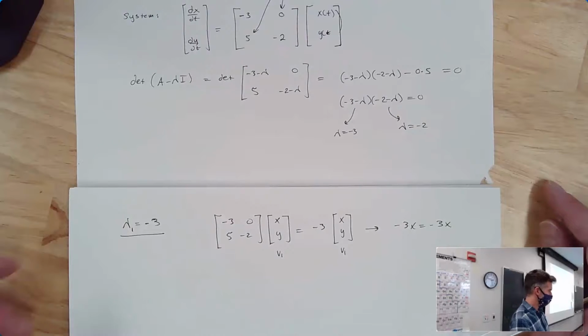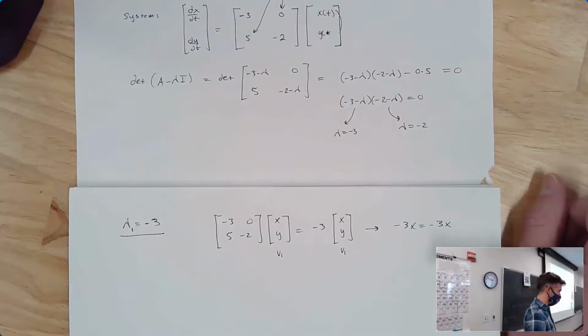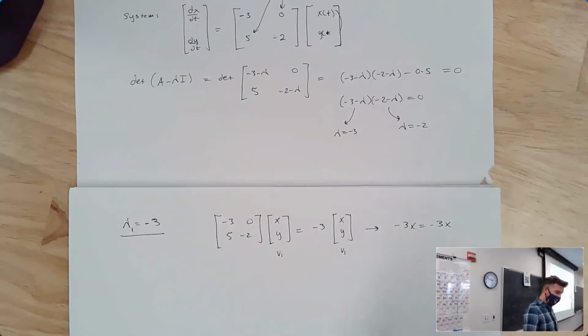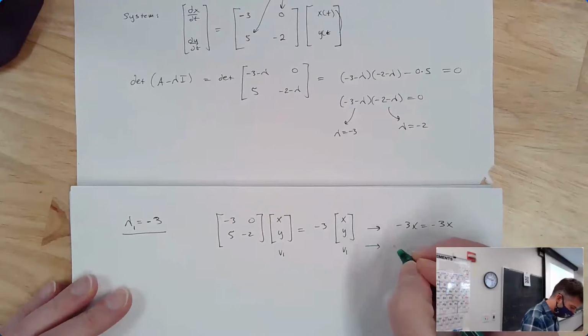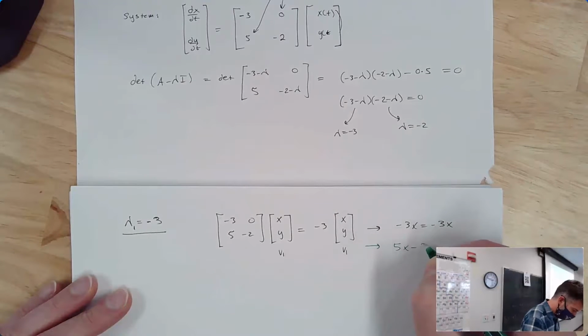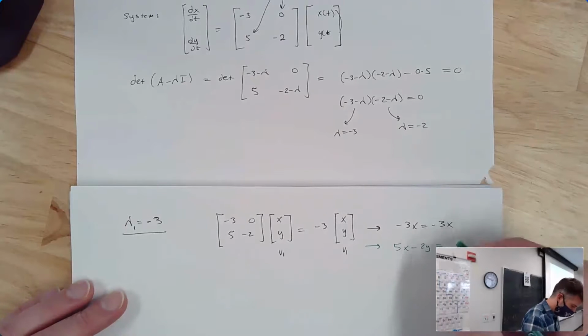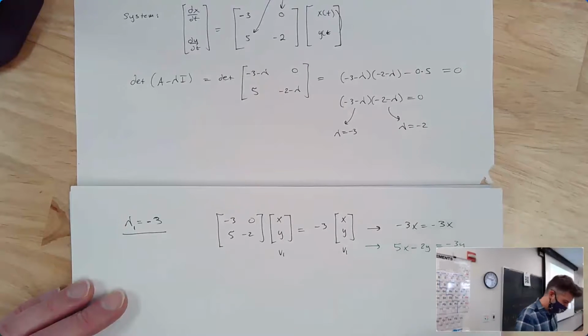Anything. x can be anything, which means we haven't really learned anything here. So this is actually a case where you really do need to look at the second equation. Most of the time, it's perfectly fine to check the first thing, get a condition, great. But here, we're going to look at the second equation and say that 5x minus 2y equals negative 3y.